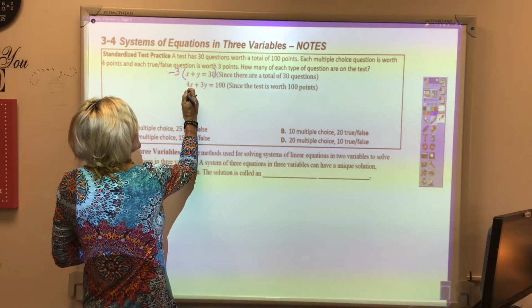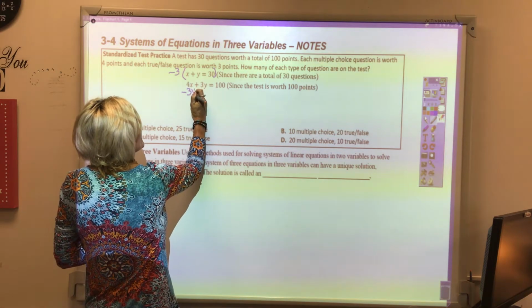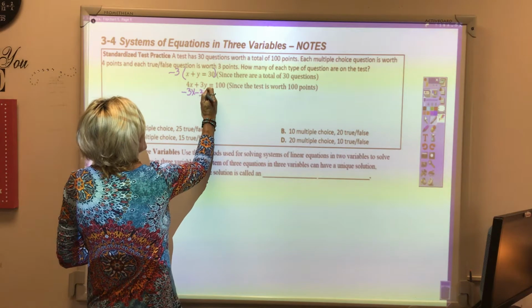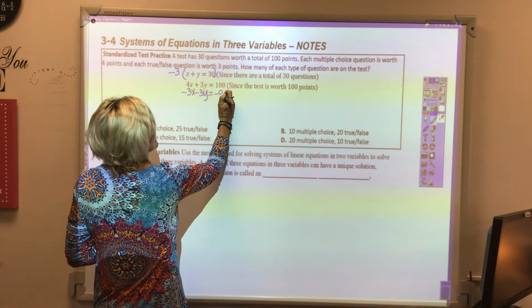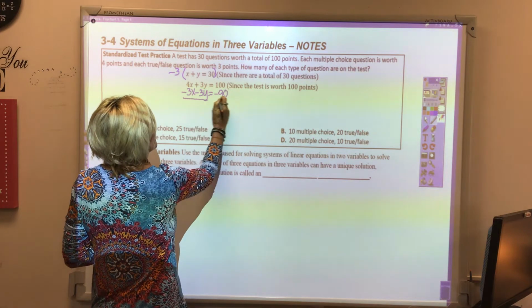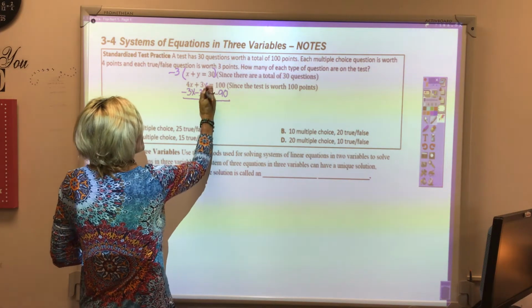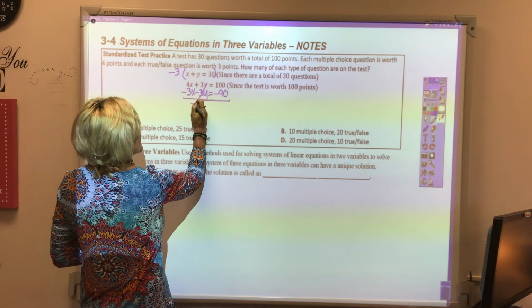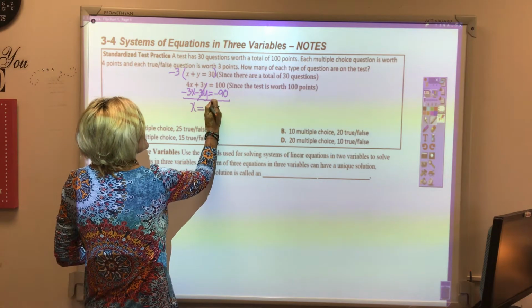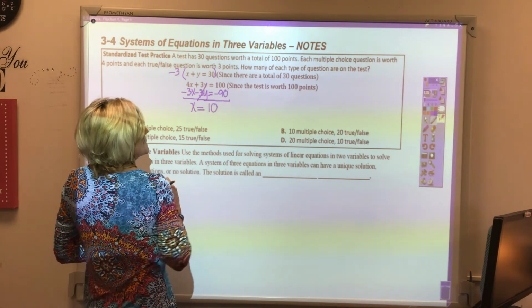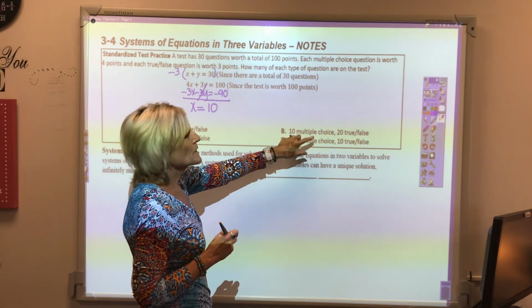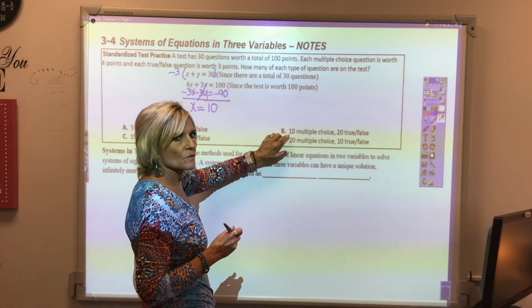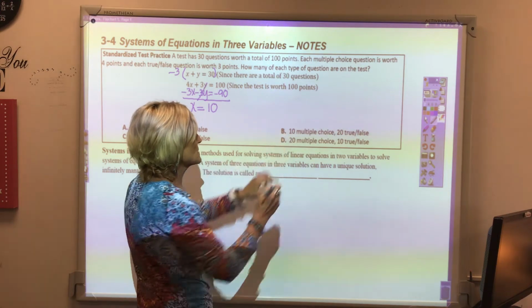So I'll have -3x minus 3y equals -90. I can cancel my y's, and I will have that x is 10. So 10 multiple choice, 20 true-false, for a total of 30 questions.